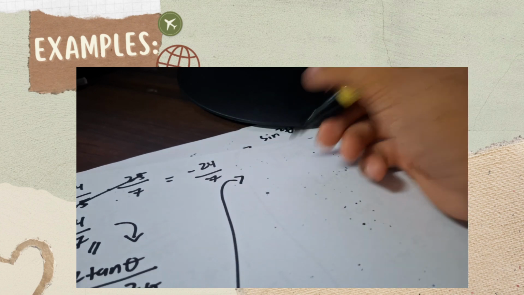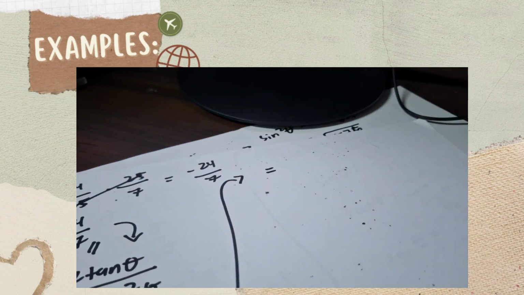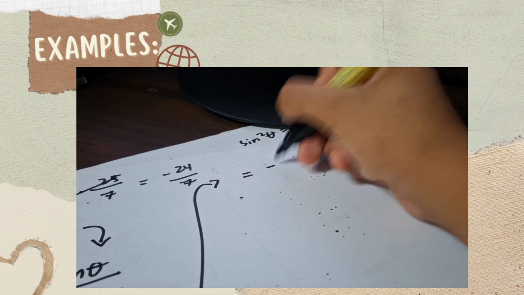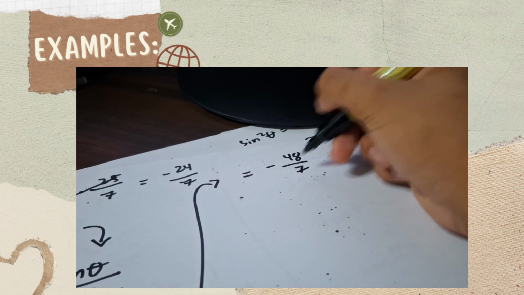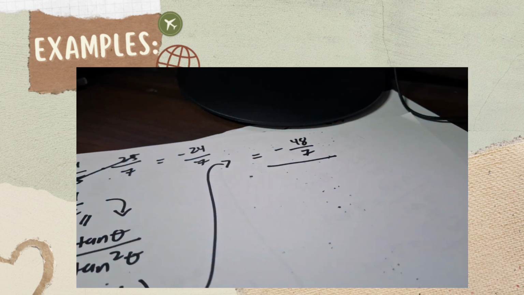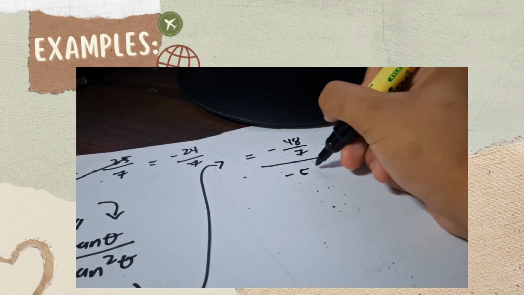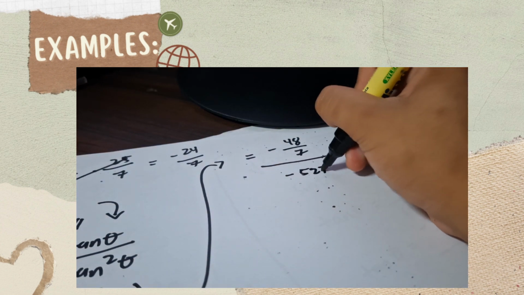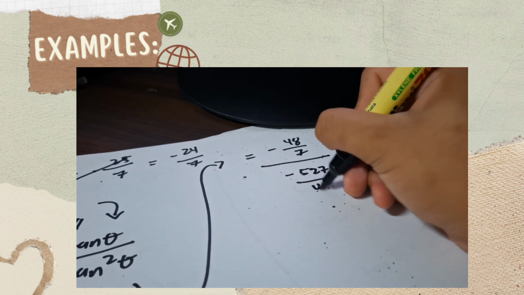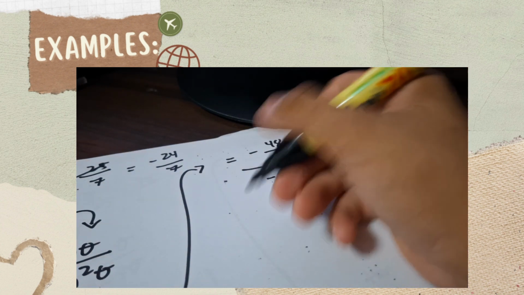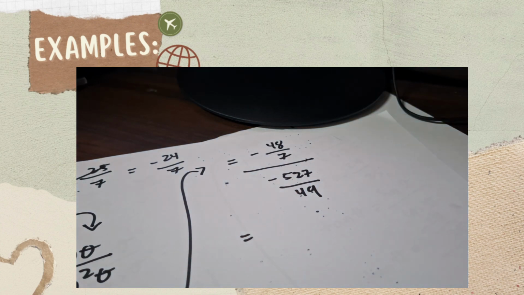Let us simplify each. So the top part, when simplified, will become negative 48 over 7, and the denominator, after squaring and subtracting, will become negative 527 over 49. So now let us just simplify the whole fraction.